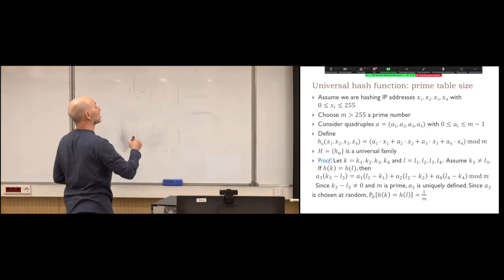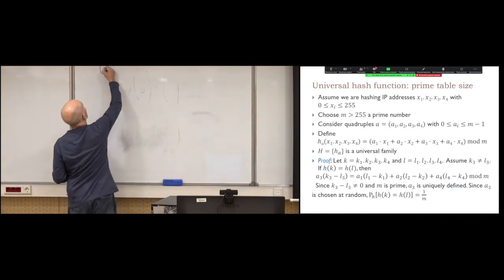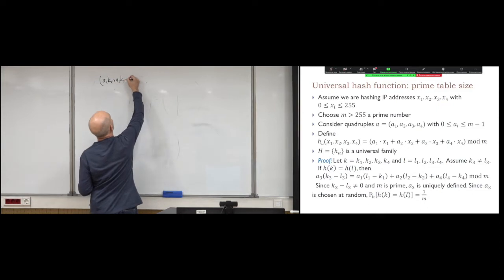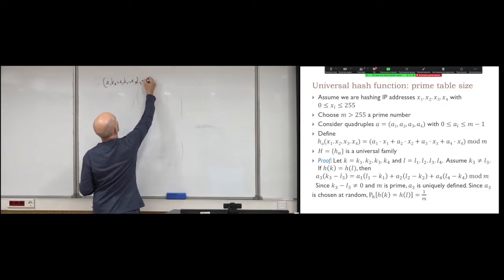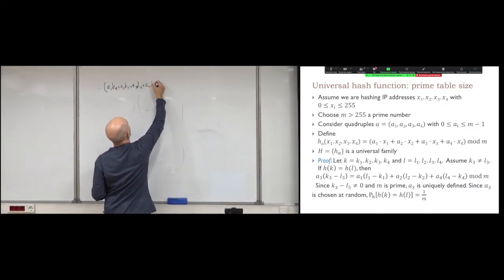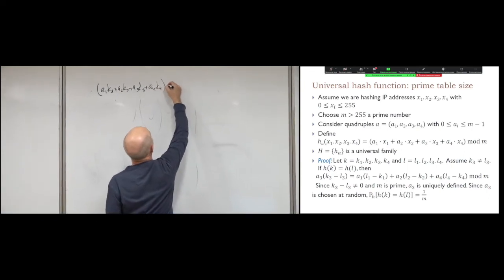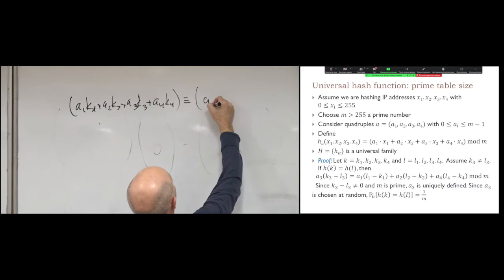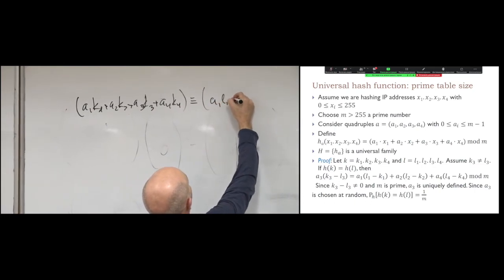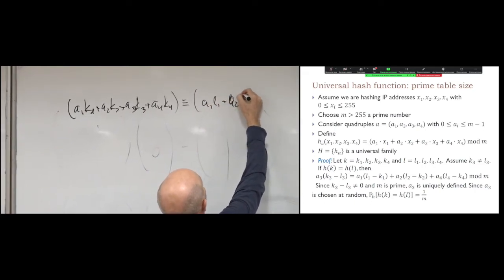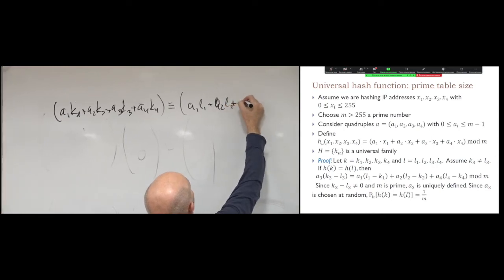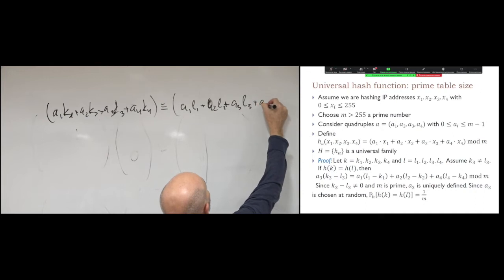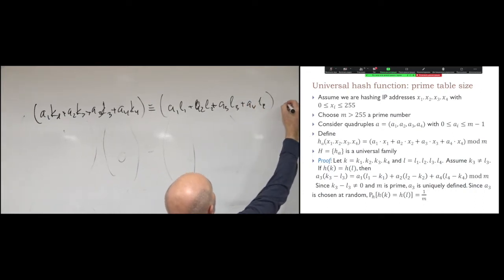It means that a1 k1 plus a2 k2 plus a3 k3 plus a4 k4 equals the same for l, a1 l1 plus a2 l2 plus a3 l3 plus a4 l4, modulo m.